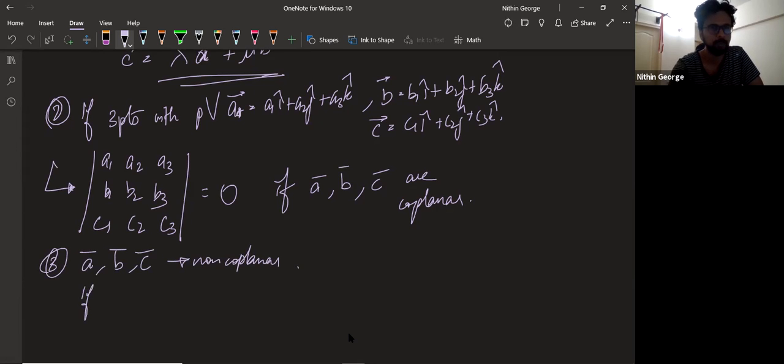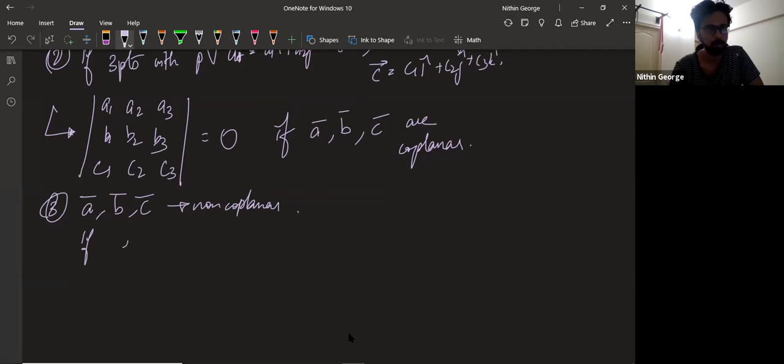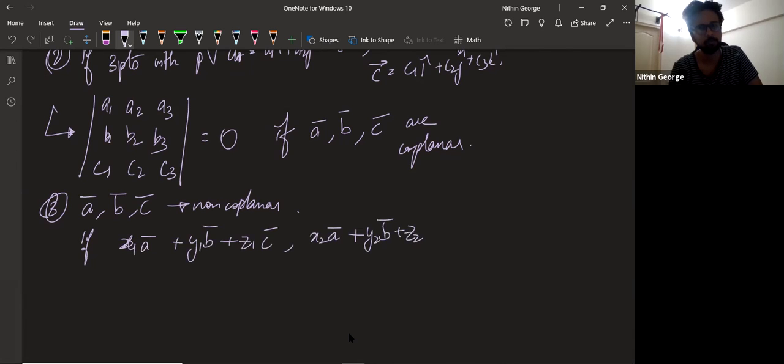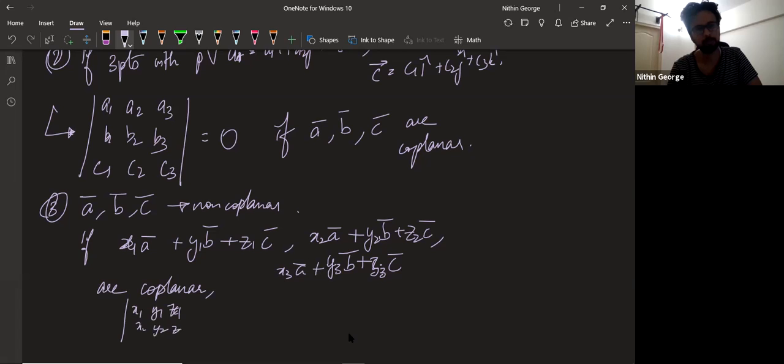And if x1a plus y1b plus z1c, x2a plus y2b plus z2c, x3a plus y3b plus z3c are coplanar, then we can conclude that the determinant of x1, y1, z1, x2, y2, z2, x3, y3, z3 will be equal to 0.